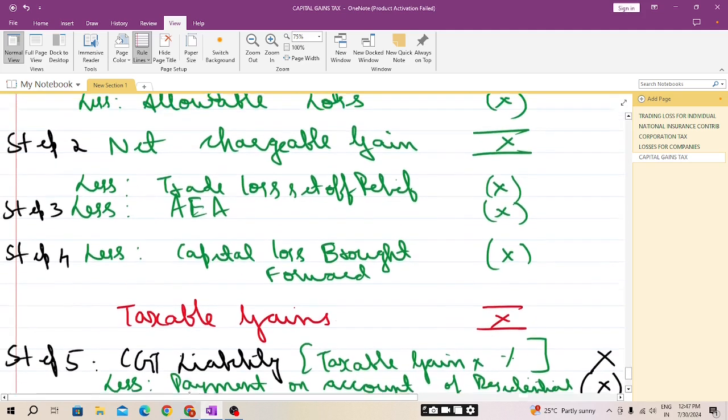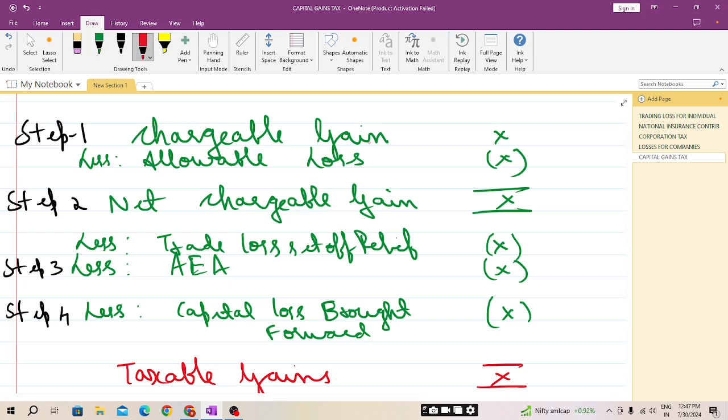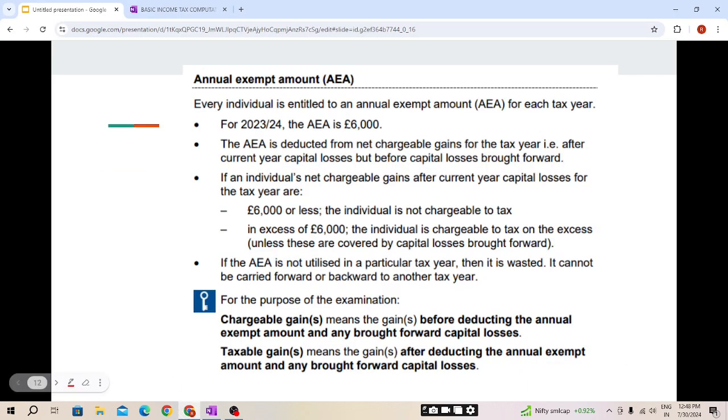As we have seen, net chargeable gains are after the allowable current year capital loss. The AEA is an exempt amount on which the gain will not be taxed. After net chargeable gains, we need to reduce the AEA. Before that, if we have claimed any trade loss set off relief, we need to set that off, then use the AEA.